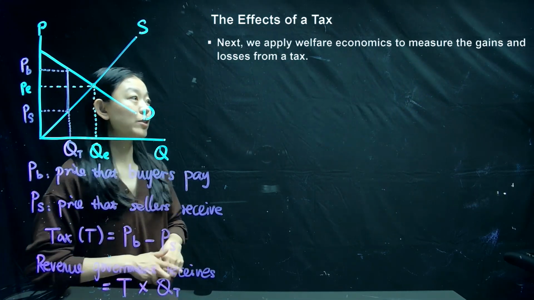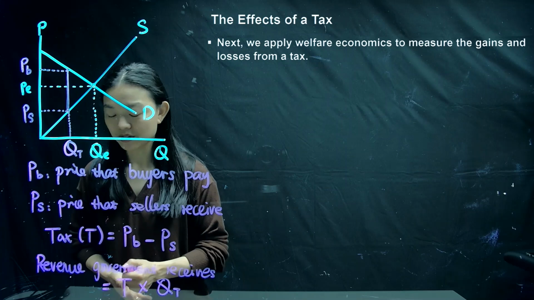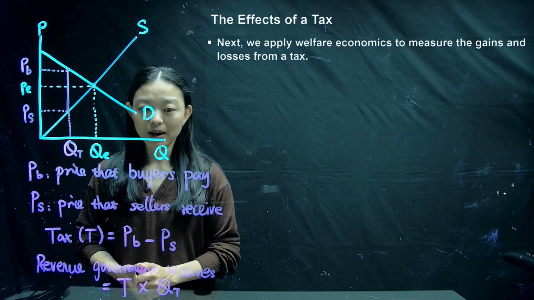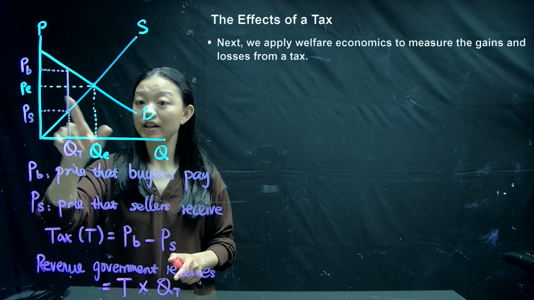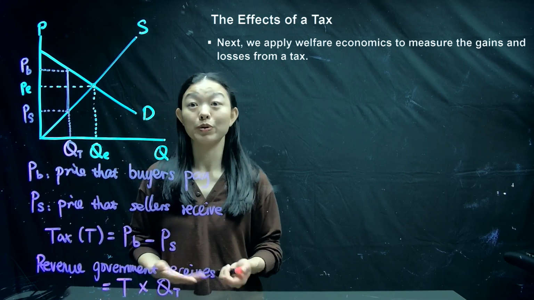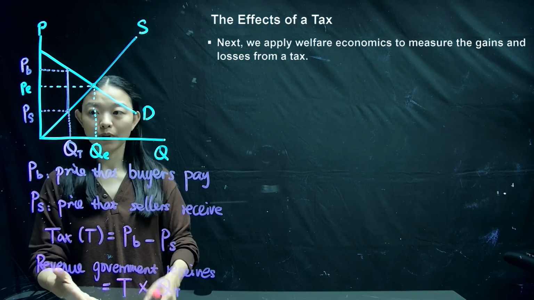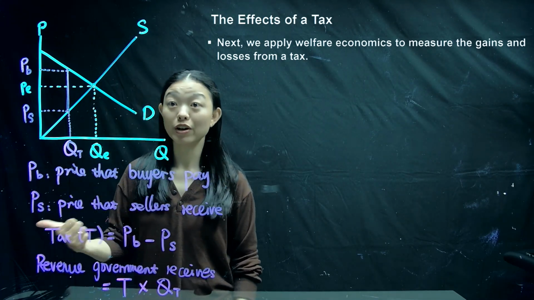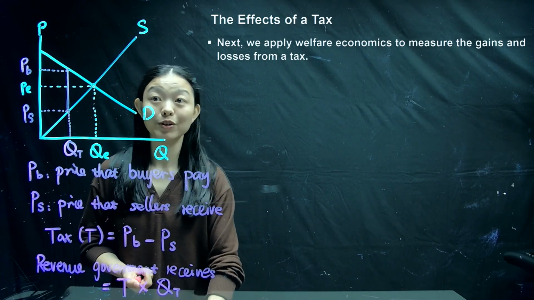Now, next we'll apply welfare economics to measure the gains and the losses from the tax. Without tax, this is our equilibrium price and equilibrium quantity. We can base on this to compute our consumer surplus, producer surplus, and total surplus. After imposing the tax, we still have consumer surplus, producer surplus, and total surplus, and the government will also receive the revenues.